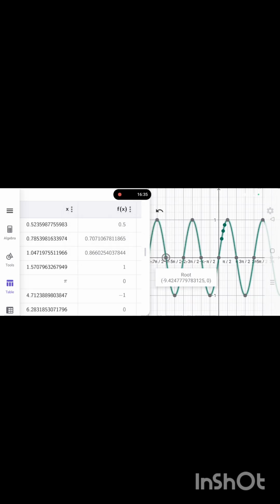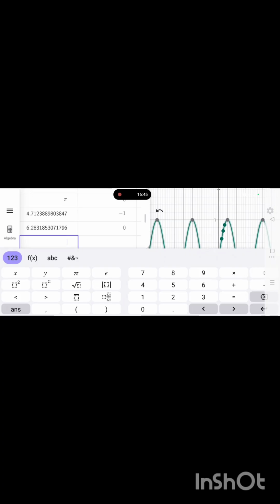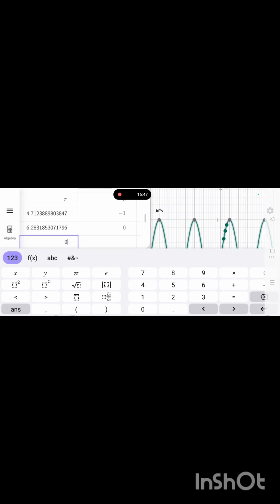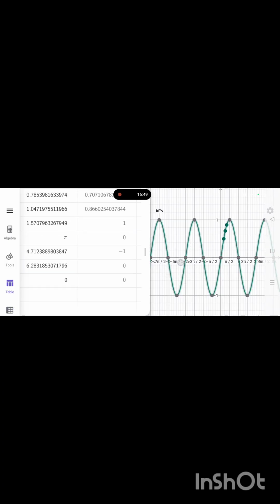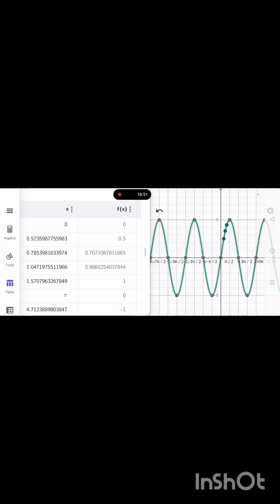Now see, I have added the inputs. I have given the x value as 0 degree, 30 degree, 45 degree, 60 degree, 90 degree, that is pi by 6, pi by 4, pi by 3, pi by 2, like that I have given. And you can see the outputs also here.